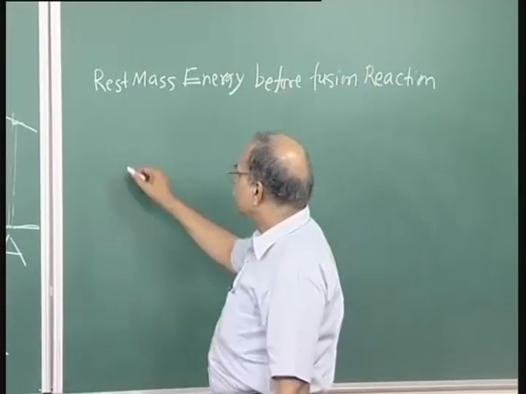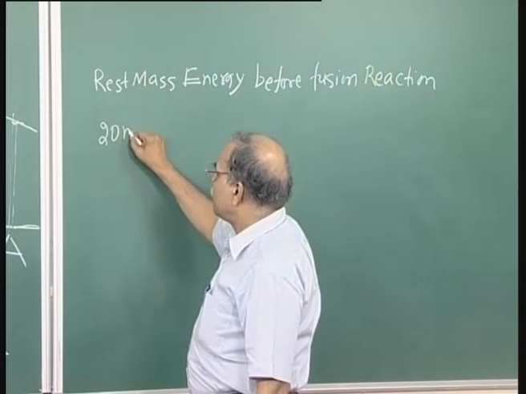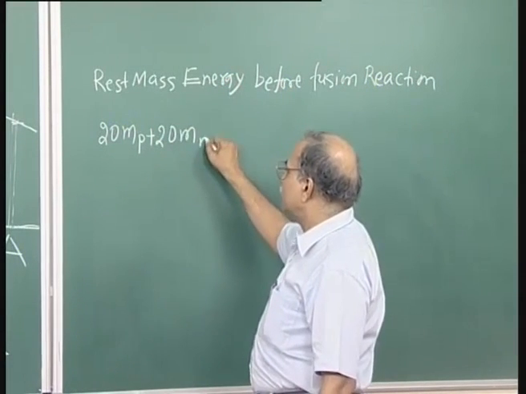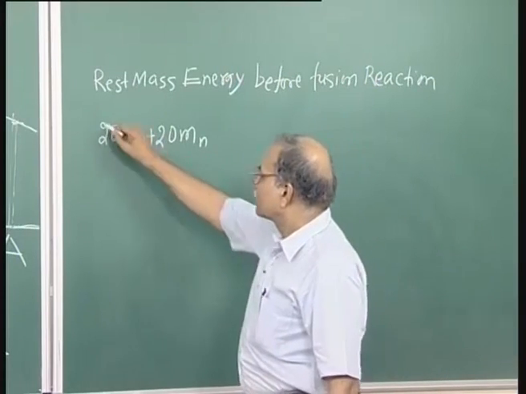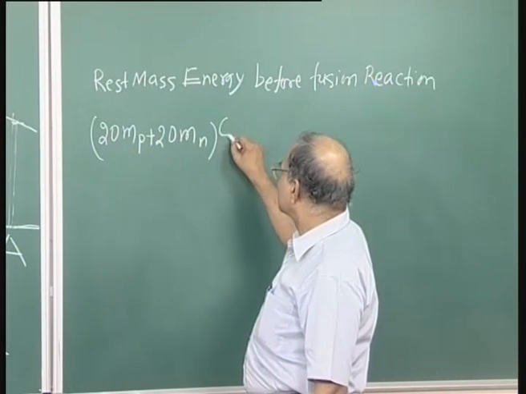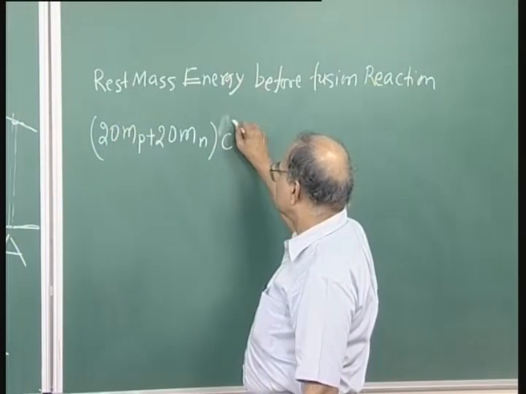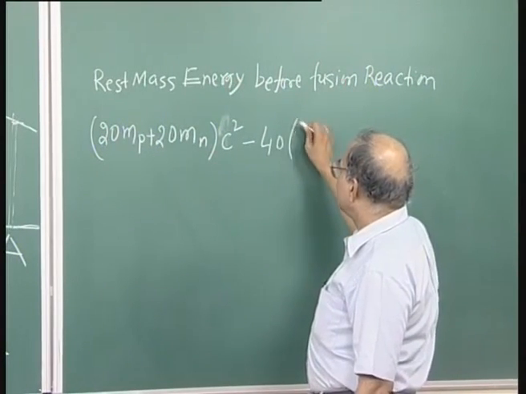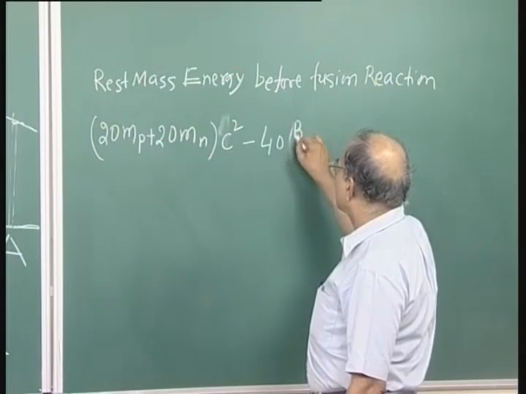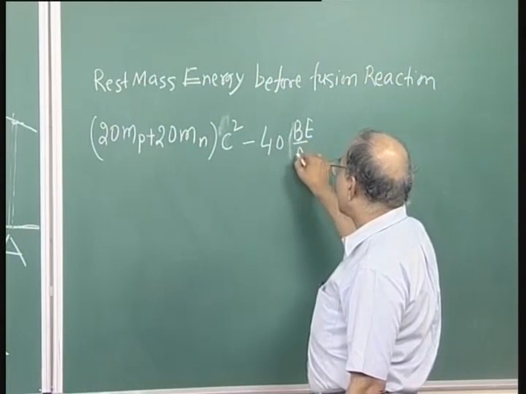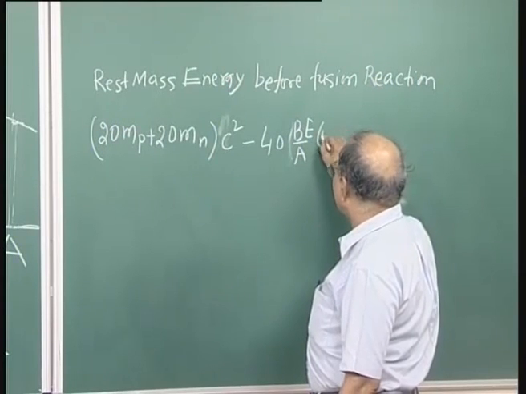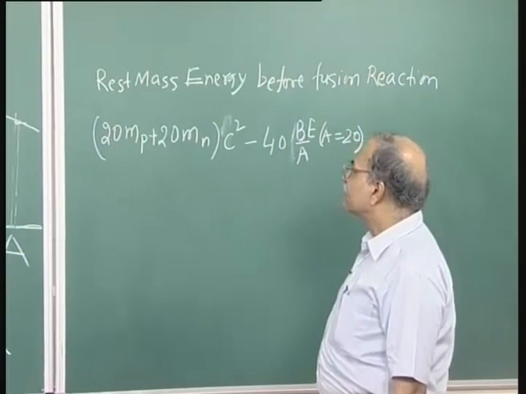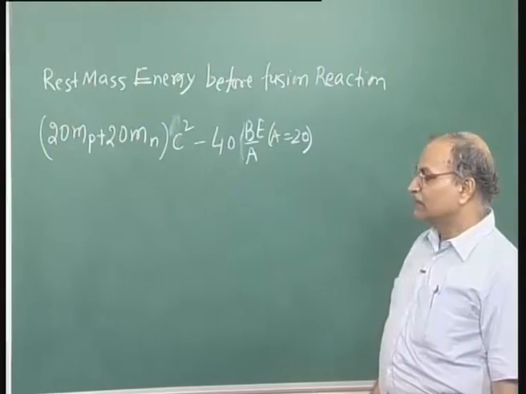Double of that will be say 20 MP plus 20 Mn times C square and minus 40 times binding energy per nucleon. So, Be by A at A equal to 20. That is the rest mass energy before the fusion reaction.